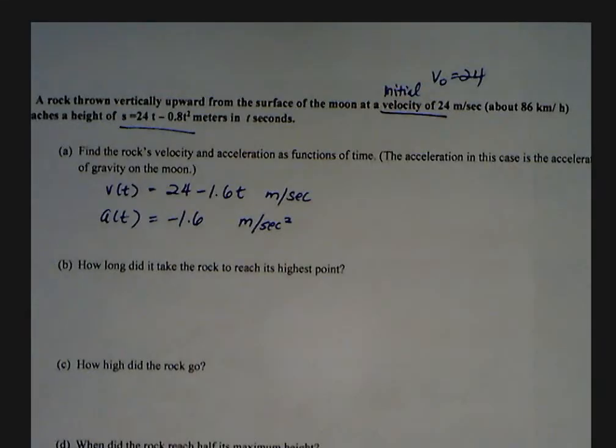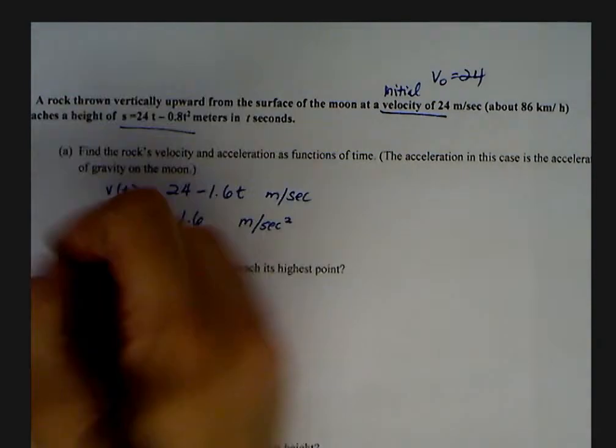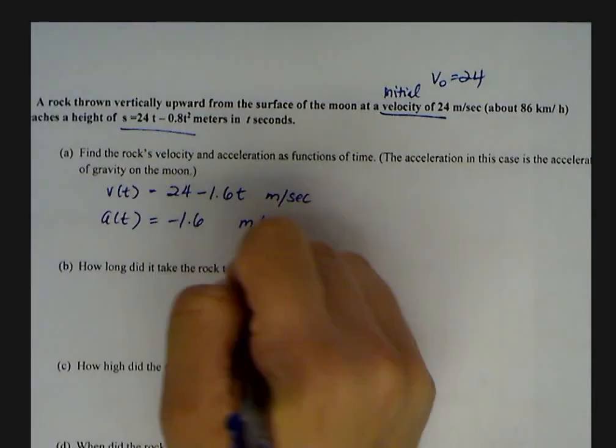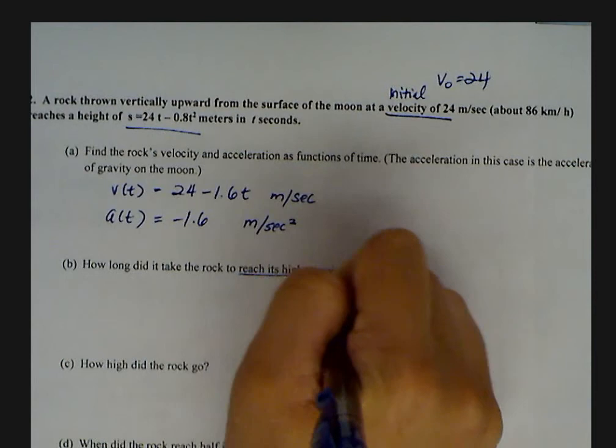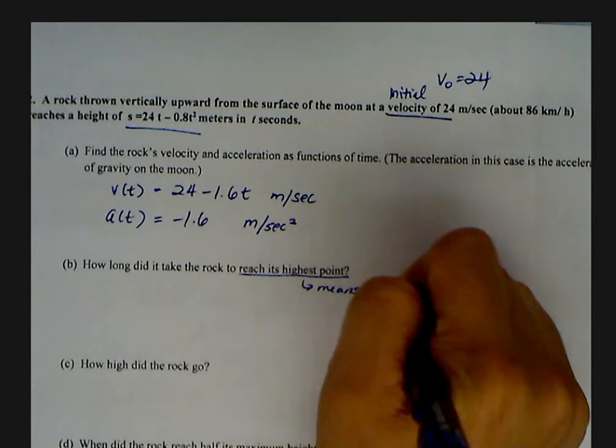How long did it take for the rock to reach its highest point? Alright, so that means velocity is 0. Yes, at the highest point, because the rock is thrown upward, the initial velocity was 24, and then it's going to go down to 0, and then the velocity is going to turn negative. So we want the rock reaching its highest point, which means that the velocity is 0.